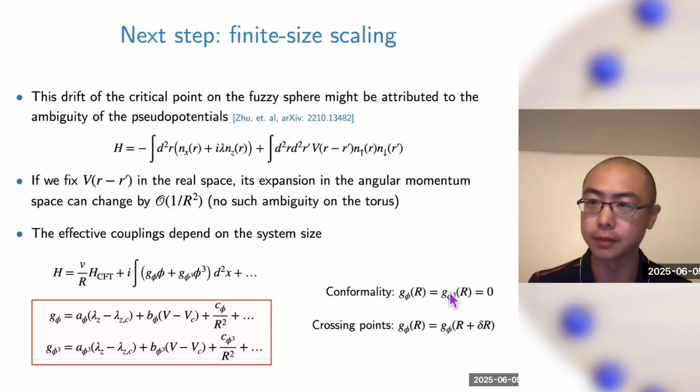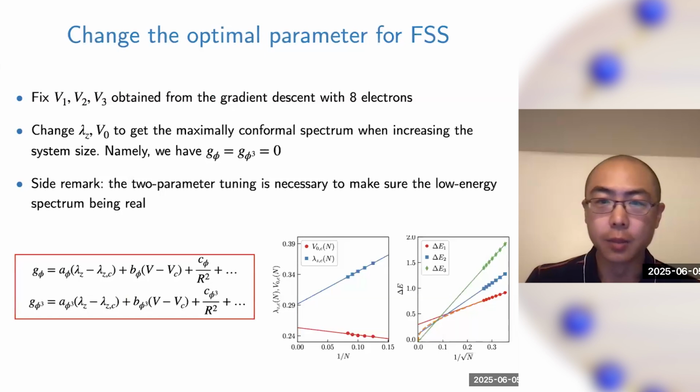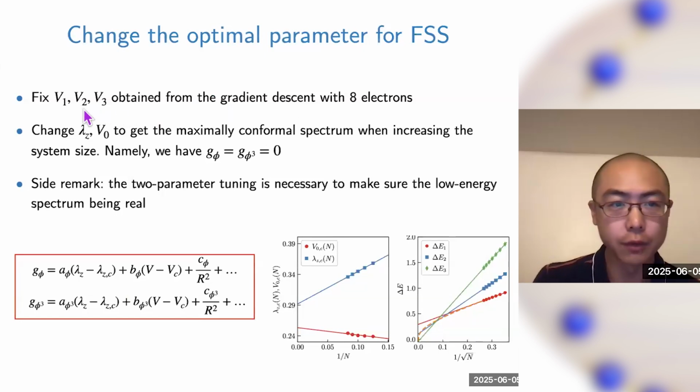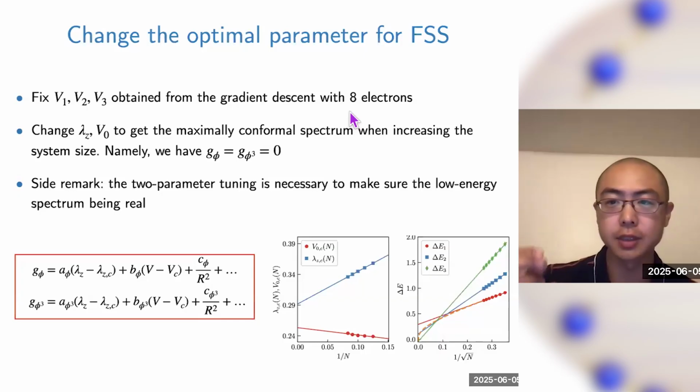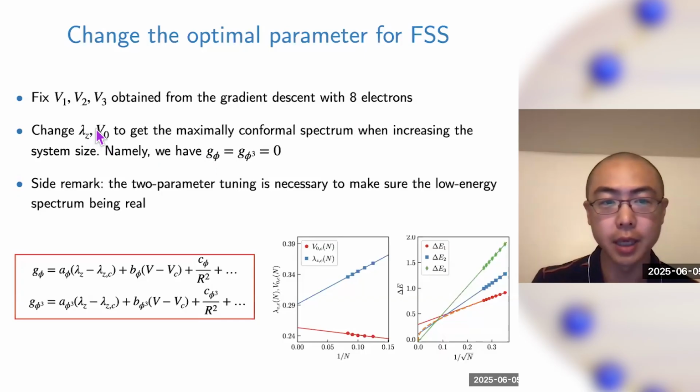And so we will use this as our definition. More specifically, what we want to do is the following. We fix V1 to V3 obtained from the gradient descent with 8 electrons. And as we increase the system size, we change lambda z and V0.